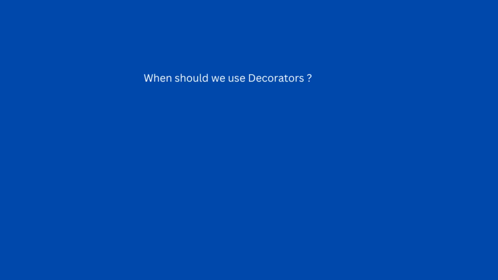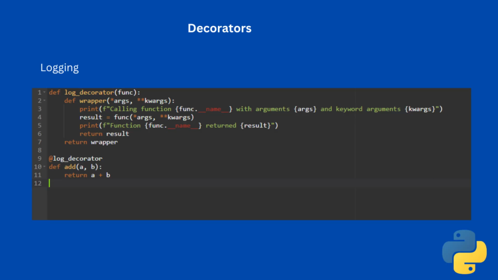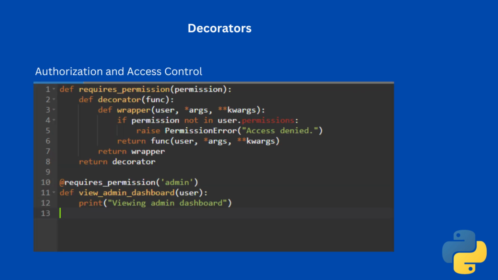What are the common scenarios where we need to implement a decorator? Here are some typical scenarios where decorators are particularly useful. First one, logging. If you want to automatically log function calls and their results for debugging or monitoring, you can use a decorator. Second, authorization and access control. If we need to check if a user has the necessary permission before executing a function, we can use a decorator, for example, to check the role or permission before allowing access to certain functionality.